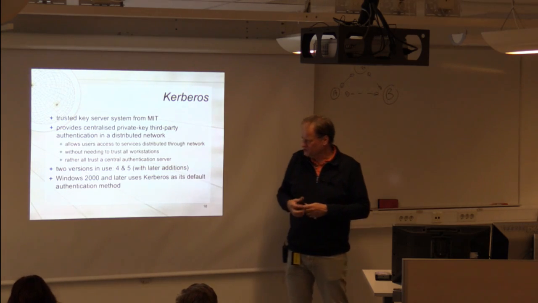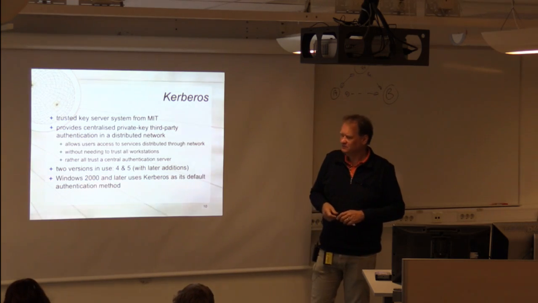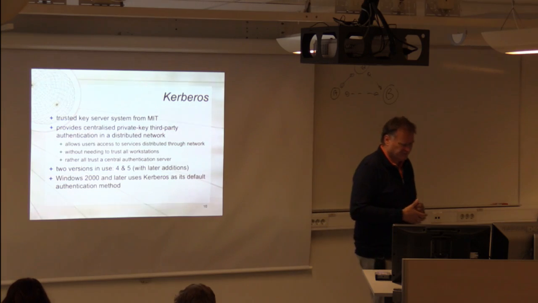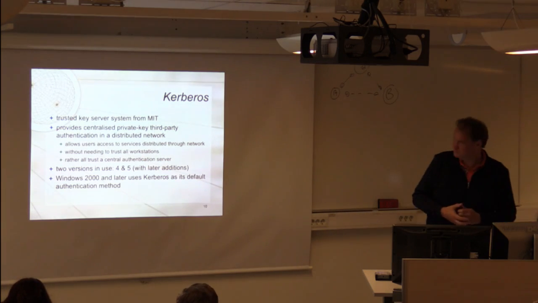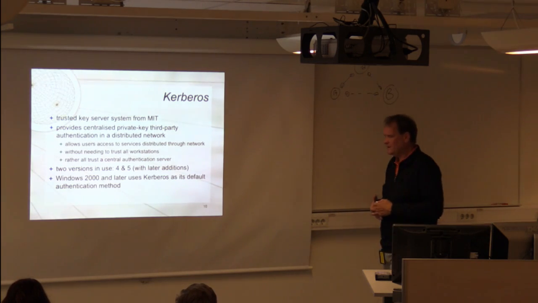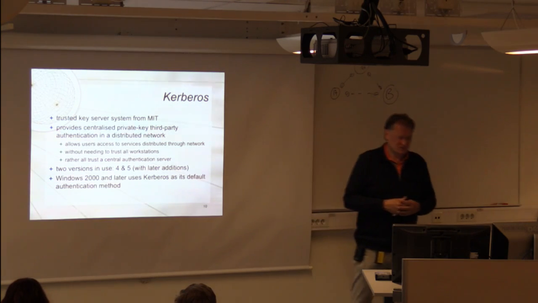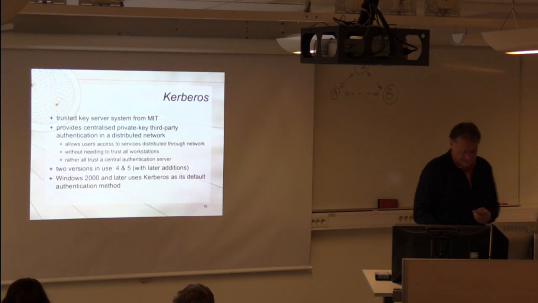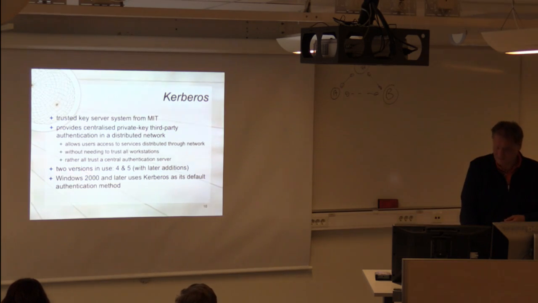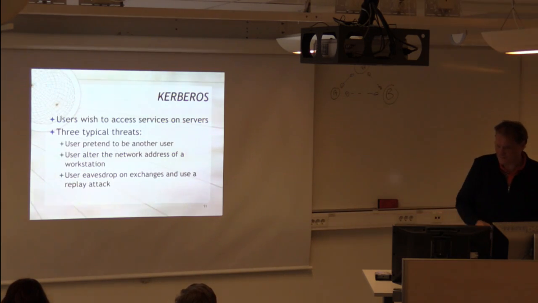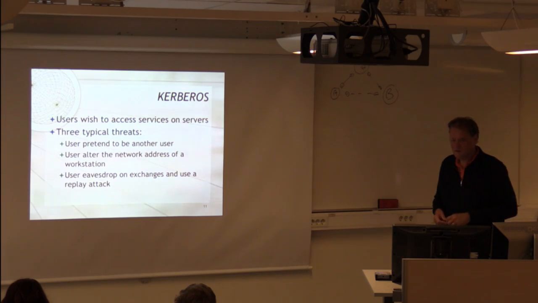There are different versions of it. Currently, number 4 and 5 are still in use. And as we mentioned before, internally Windows is using Kerberos for handling authentication in distributed networks.